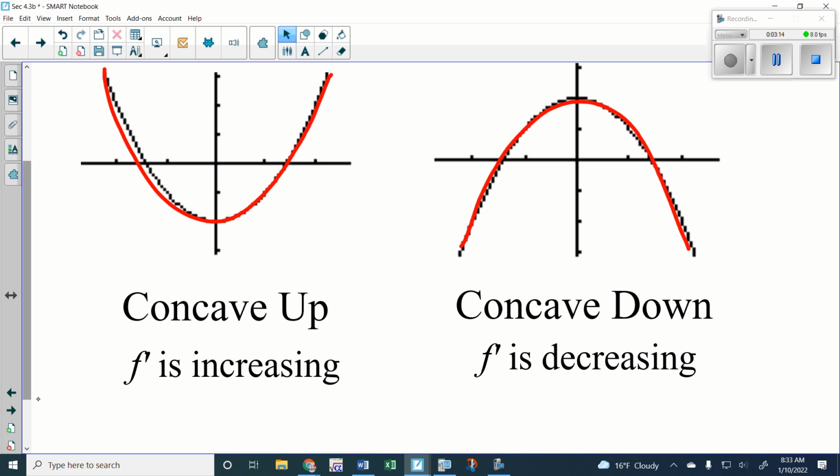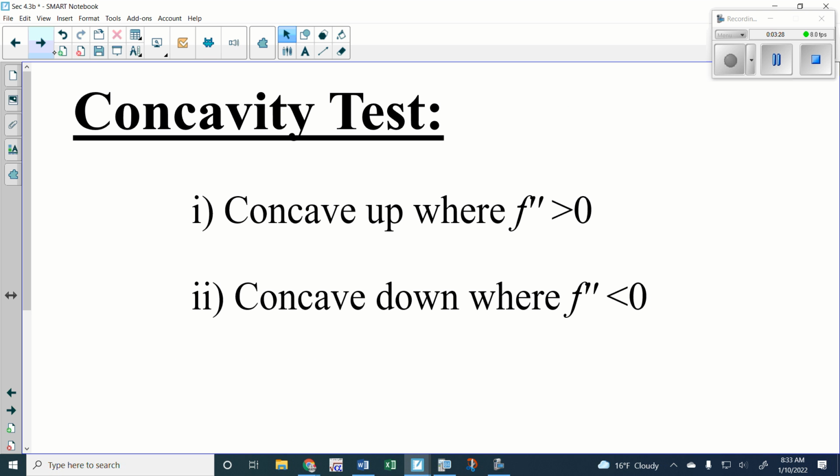It's very similar to what we did before, where we find the derivative, find critical points, and then do sign analysis, but this time with the second derivative. Where our second derivative is positive, it's concave up. Where our second derivative is negative, it's concave down.